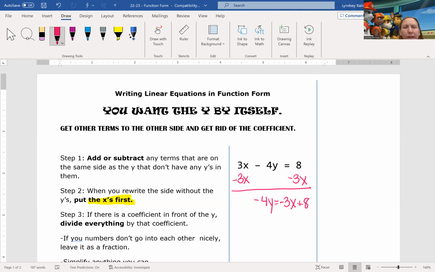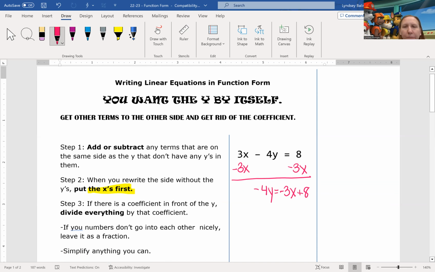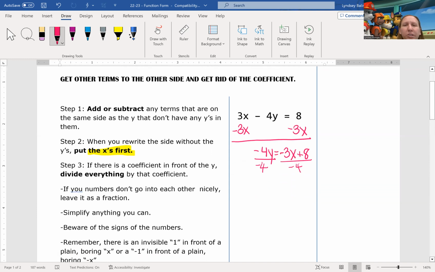Now it says if there's a coefficient in front of the y, divide everything by that coefficient. So we're going to divide both sides by negative 4. I tend to do just a giant division bar on that side for now, but you could also divide each of the pieces by negative 4. And with literal equations, we did say it's okay to leave it with that giant division bar. However, for our function form, we do actually want to know what those numbers are when you divide it.